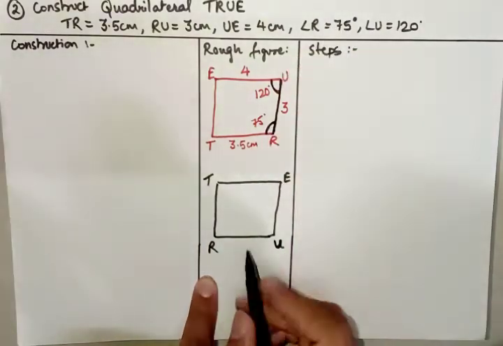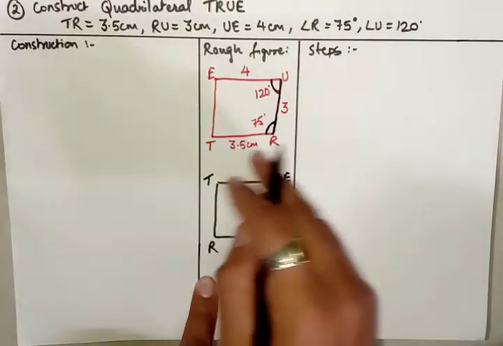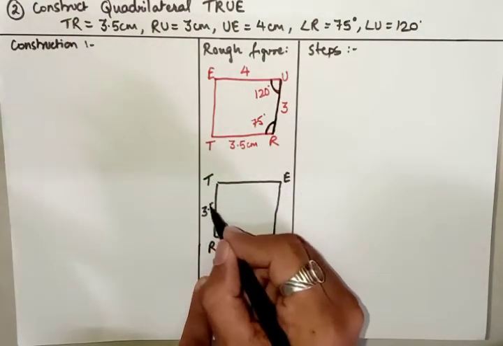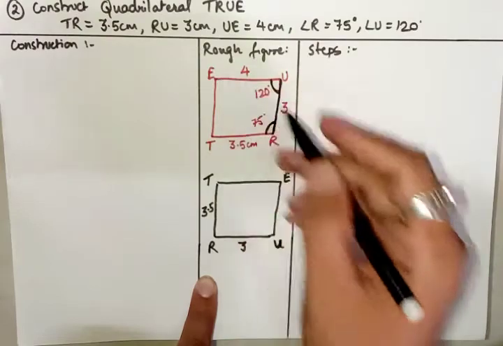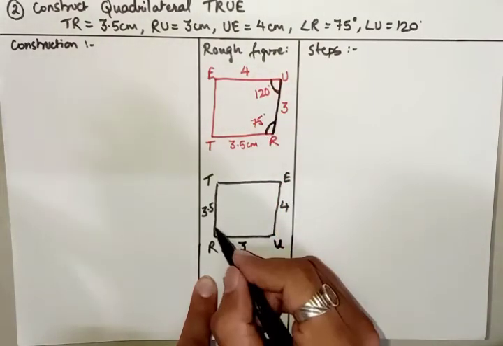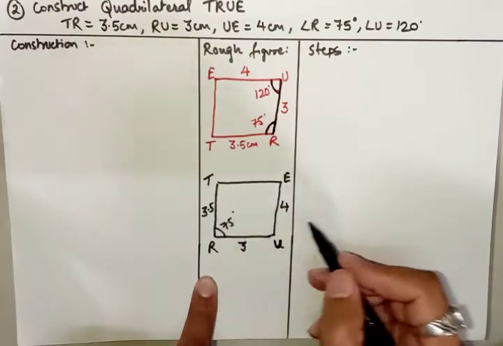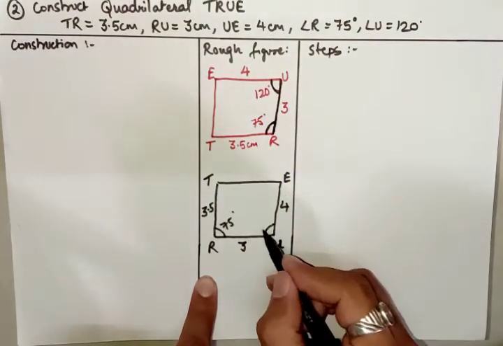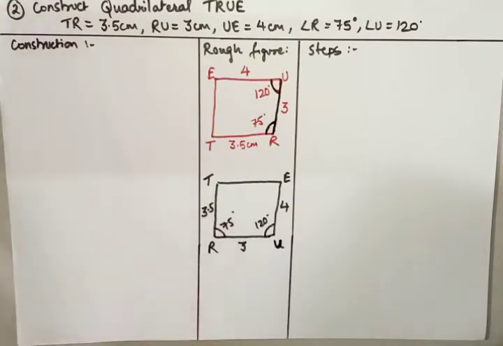Now RU is 3 centimeter, TR is 3.5, UE is 4 centimeter, angle R is 75 degree and angle U is 120 degree. So now we will start the construction part.